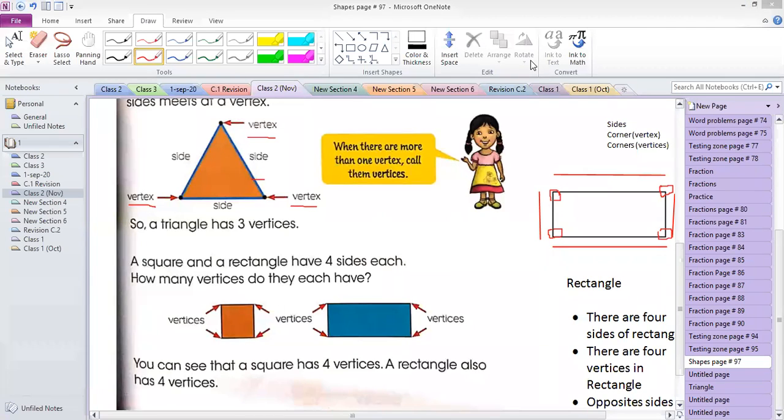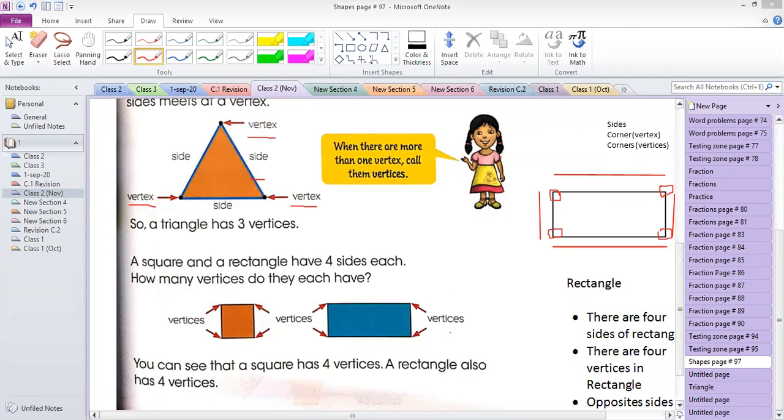You have to tell me in the chat. Guys, answer me in the chat box. What is the difference between square and rectangle?